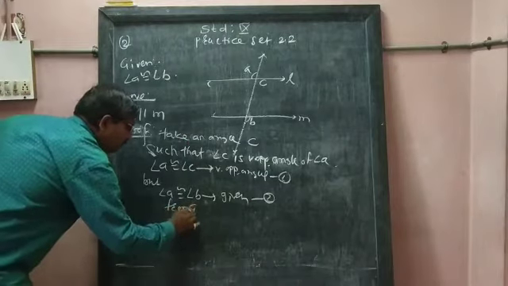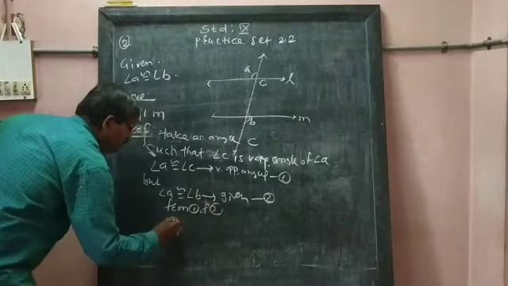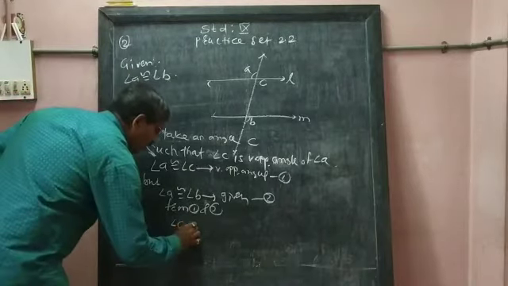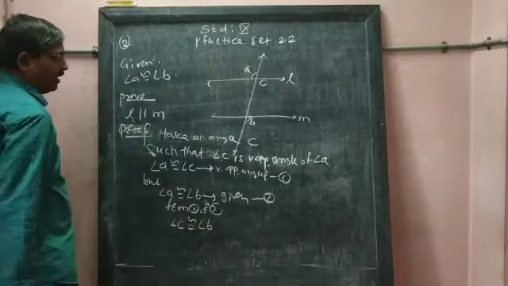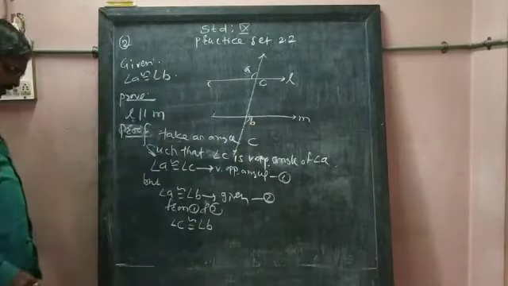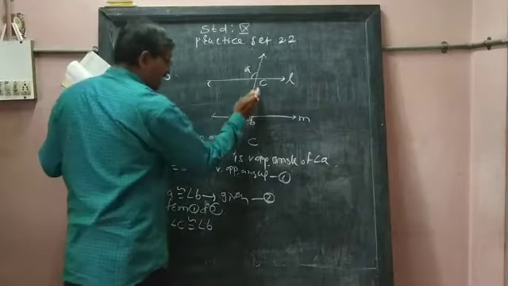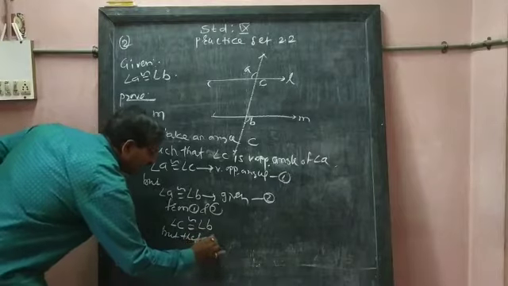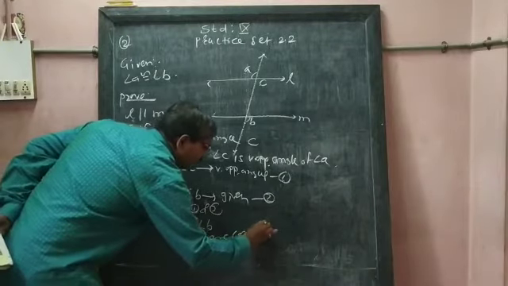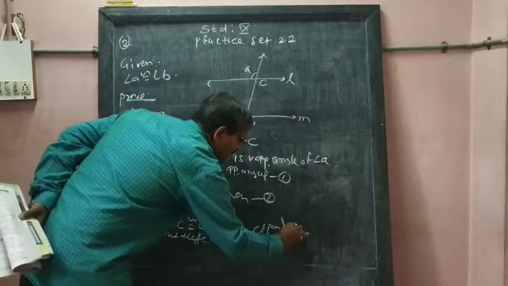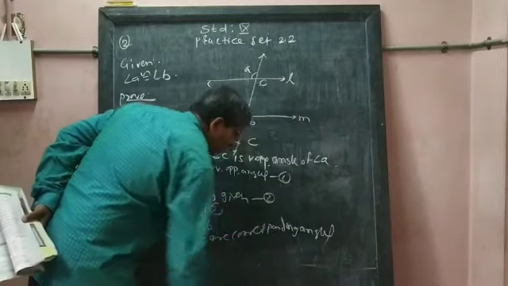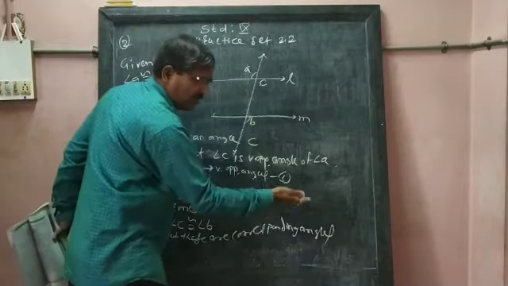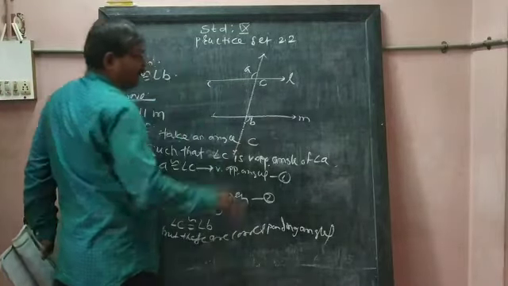Angle C is congruent to angle B. These angles C and B are corresponding angles, because they are on the same side of the transversal and below the lines.